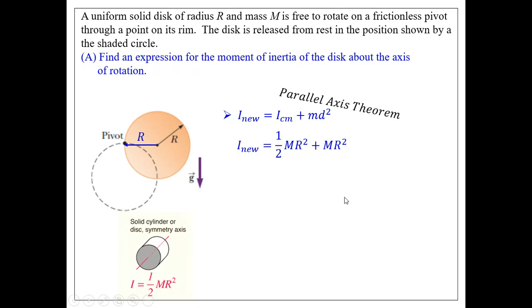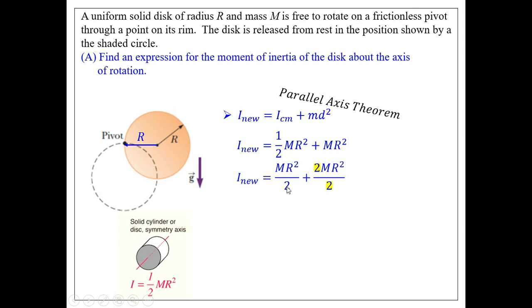From here, we can simplify, just doing fractions. This is 1/2, and this is a whole. A half plus a whole is 1.5, but I'll do this properly for you. This has a denominator of 2. The term on the right doesn't have a denominator, so to add two terms, we find a common denominator. To get the term on the right to have a common denominator of 2, you multiply top by 2, bottom by 2.